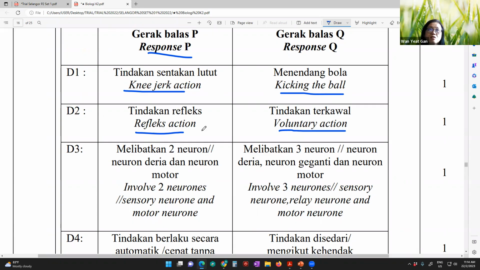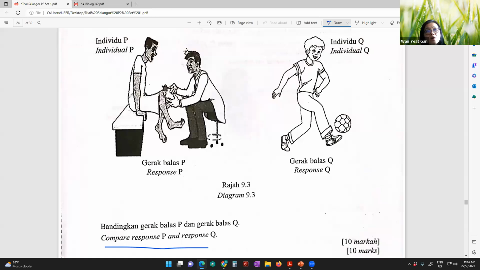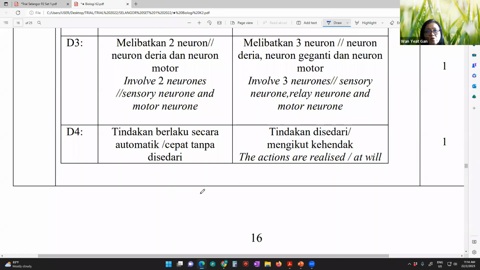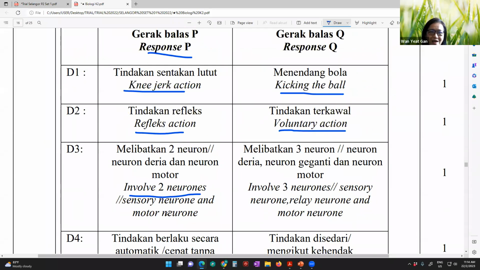So reflex action is of course involuntary, because the question asks about comparison between the responses. How do they differ? Okay, so for reflex action, it involves two neurons only, the simplest form of action, which is only sensory and motor neuron. But if you are kicking a ball, which is a voluntary action, it involves three neurons, including the sensory neuron, relay neuron, and motor neuron.